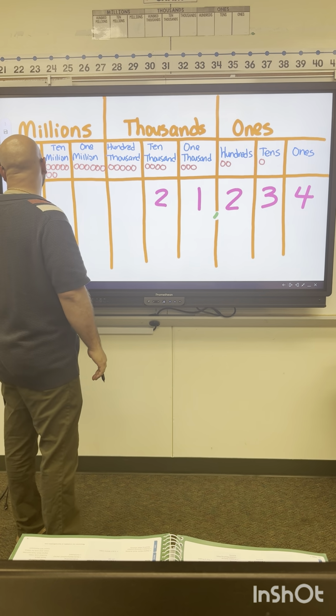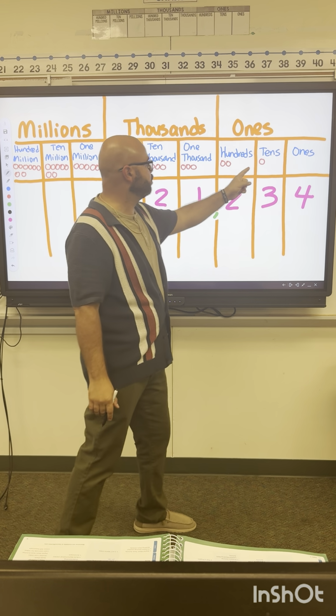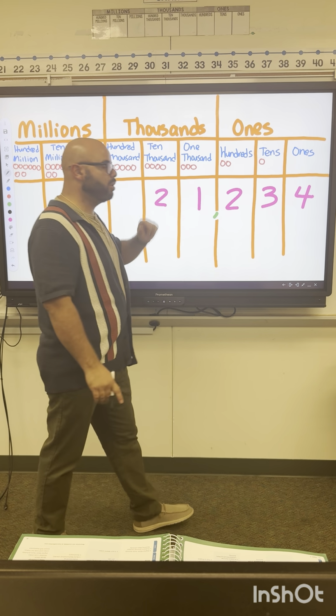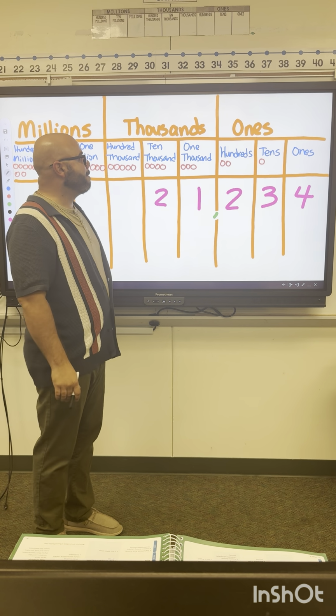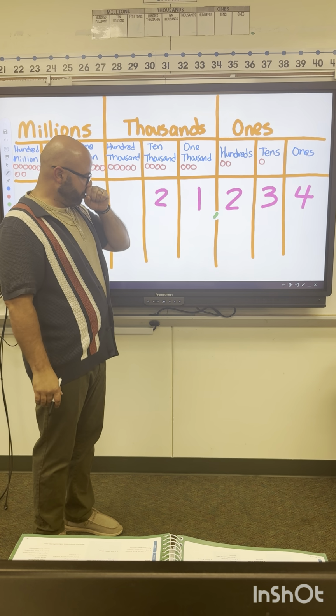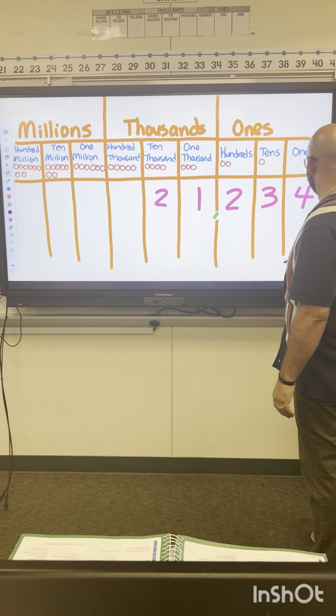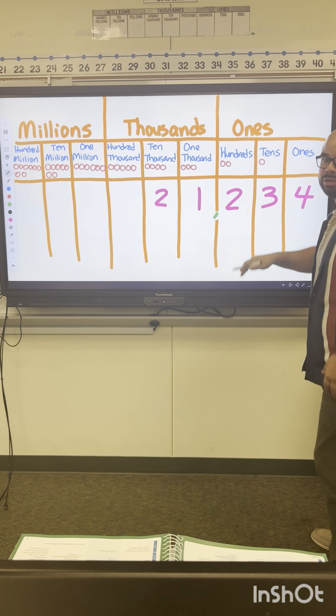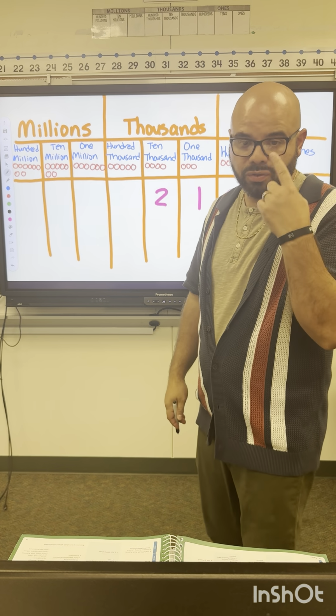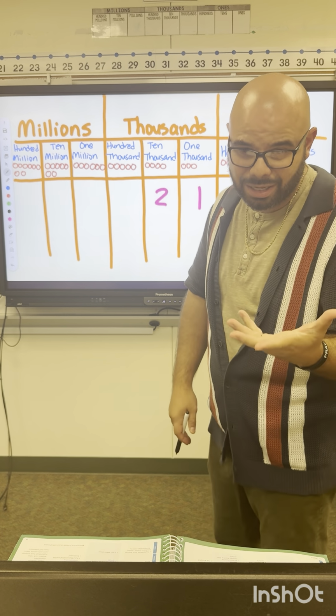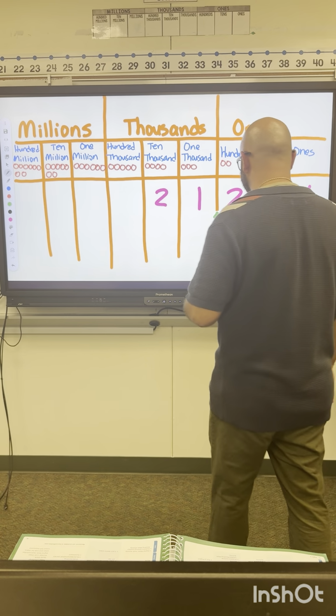So this is where these zeros that I wrote in the place value come in handy. And this is how it works. So the 4 doesn't have a 0 because it's just ones. It's just 4 ones. There's no tens in there.